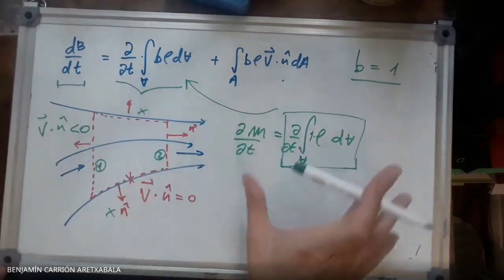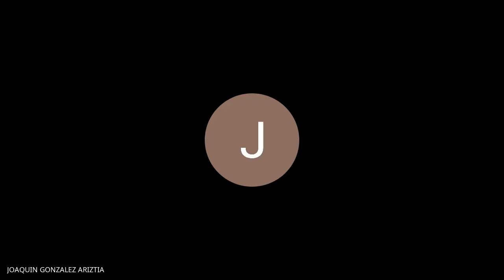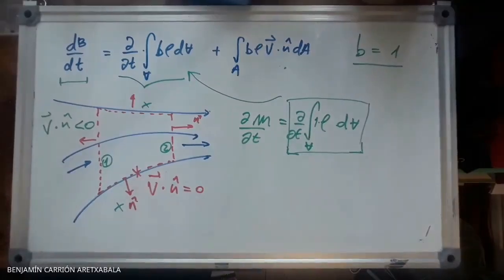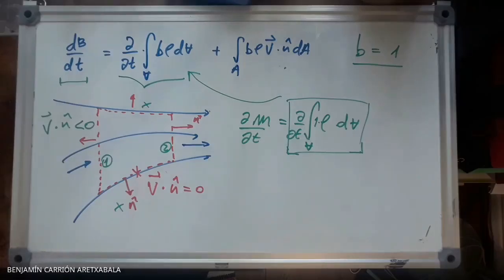Is that clear? I don't know if I am the only one that finds it a bit difficult. It is like if density varies in the control volume. No, not necessarily.